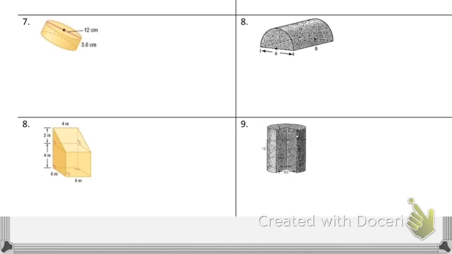Some of these are hard to see, so I'm going to go over them. Number 9. You should be able to see this, but this is 12. This is 90 degrees. What you cannot see is there's actually a 3 right here. So the radius equals 3 on that guy. All right, you need to know that.